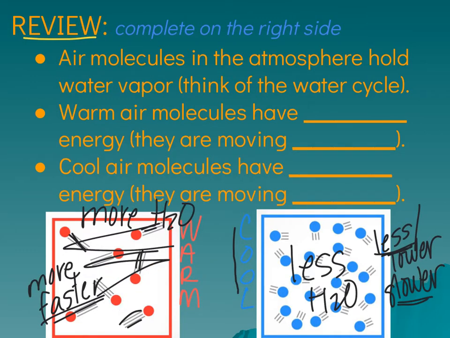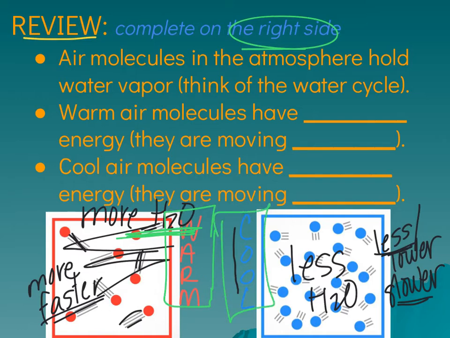They're moving a little bit faster, so they have more energy and therefore more room or more space to hold H2O. So, just a little side note to add there to the review on the right hand side: warm air holds more moisture while cool air holds less moisture. So jot that down on the right hand side as well.